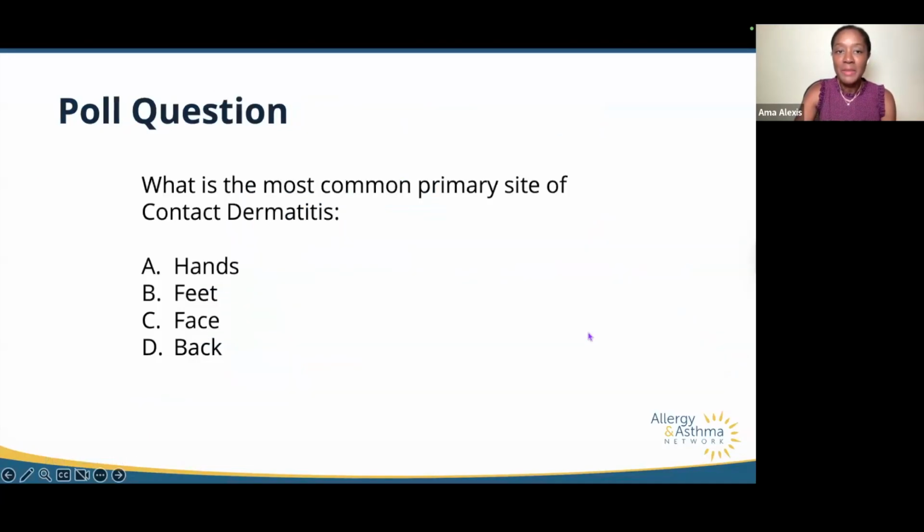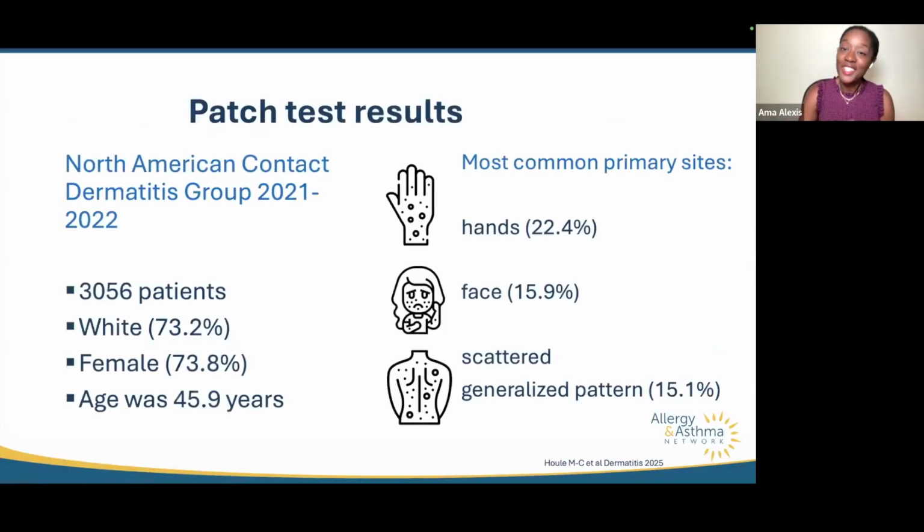So we just asked that question, and here's the answer. We have hands here. The North American Contact Dermatitis Group is the largest group in the US that actually publishes patch test results.